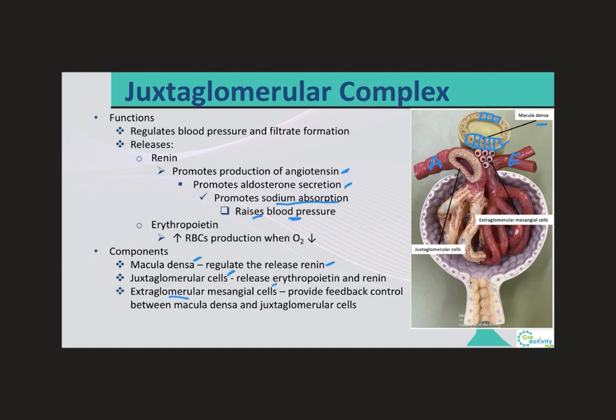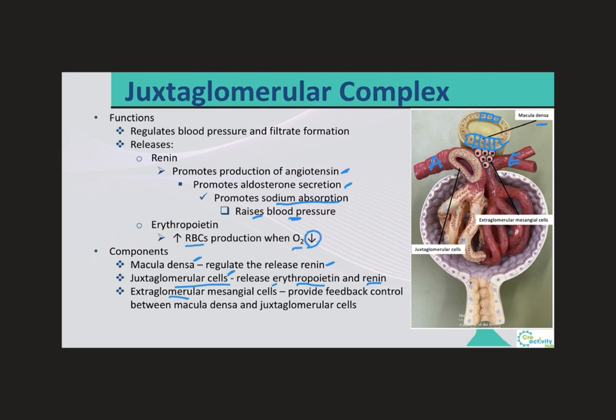The next component of this complex is the juxtaglomerular cells, which will release erythropoietin and renin. We already know what renin does. Erythropoietin is going to be important because it's a hormone that's secreted by the kidneys, and this increases the rate of production of red blood cells in response to falling levels of oxygen in tissues.